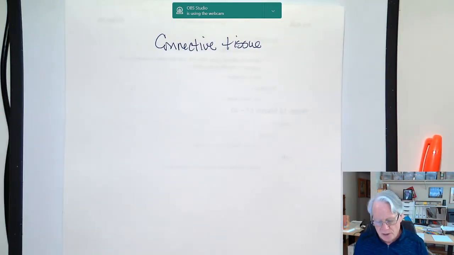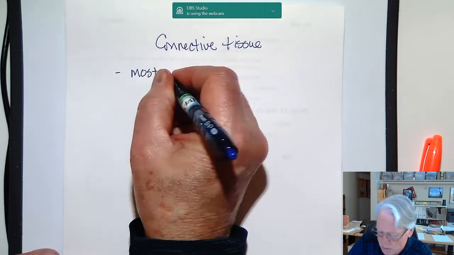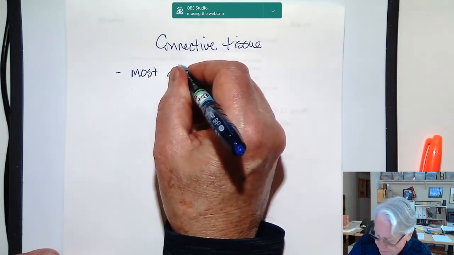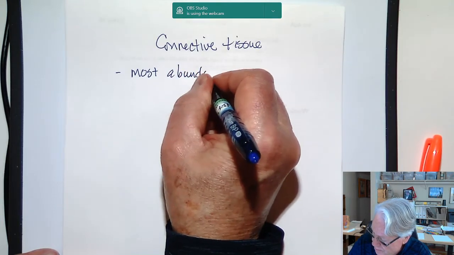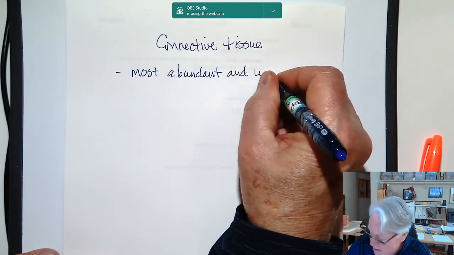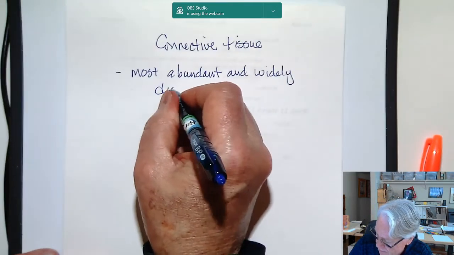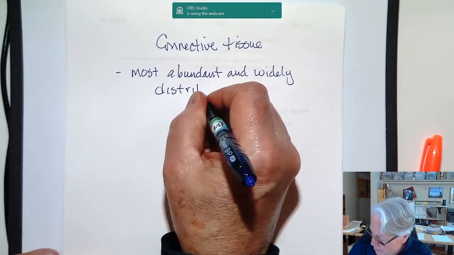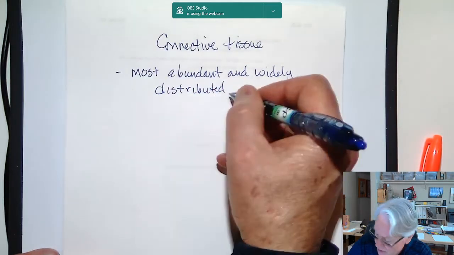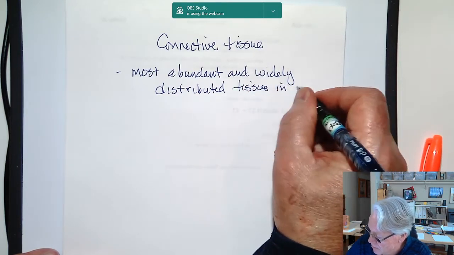And we're going to take a look at, first of all, this statement. When we look at the human body, it is the most abundant and widely distributed tissue in the human body.